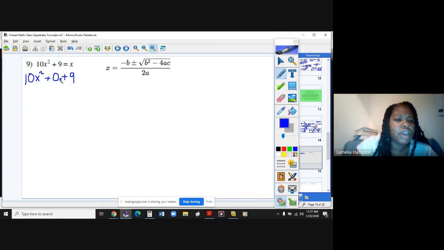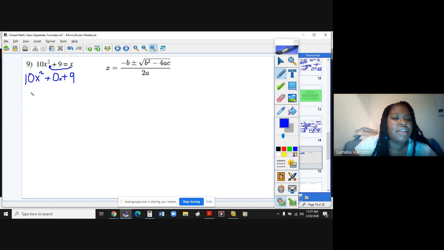There is an x that's missing over here, so I simply put a 0 in place of that. Of course, this looks like the word ox, but it's really 0x. There's no such thing as a 0x. I'm just using 0 as a placeholder to show you the regular format. So I am going to move this x over here, I'm just going to make an arrow and put it right there.